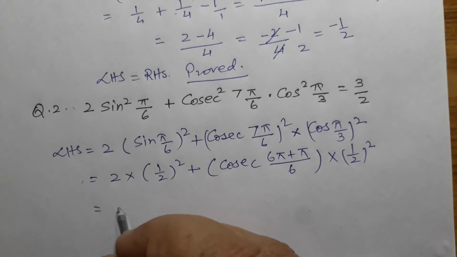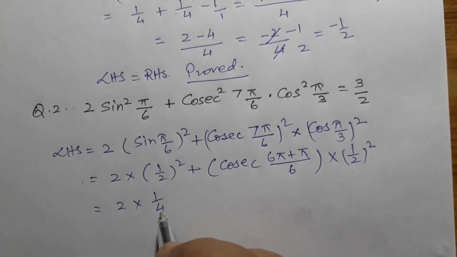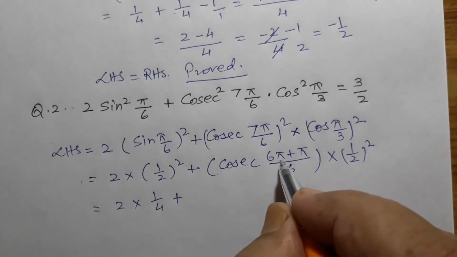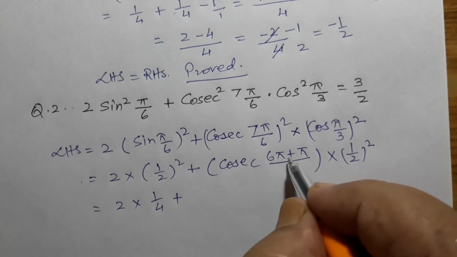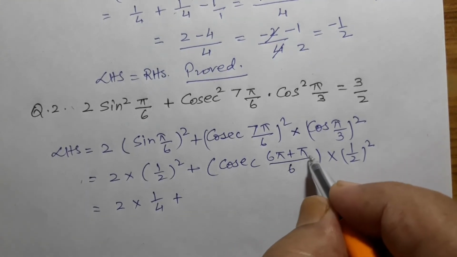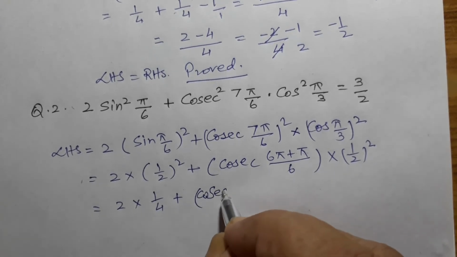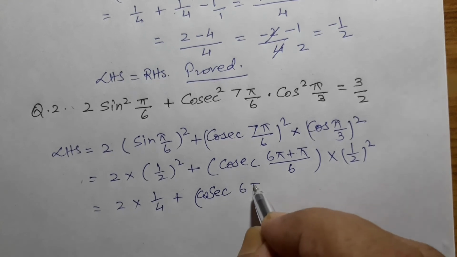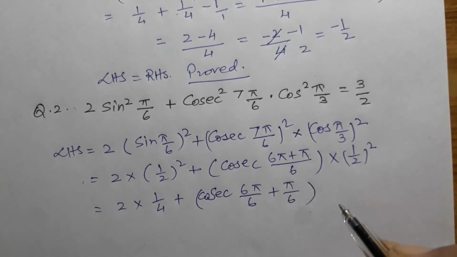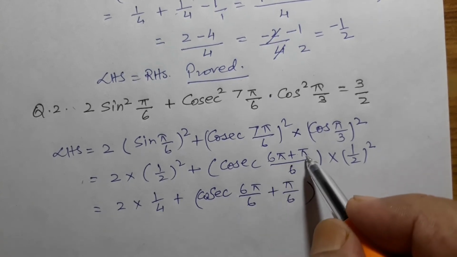Again, 2 into 1 by 4, 1 by 2 square is equal to 1 by 4, plus by this 6 we can write a split here. We can split 6 pi plus pi, like this, cosec 6 pi by 6 plus pi by 6, because this 6 is applicable for 6 pi also and pi also.